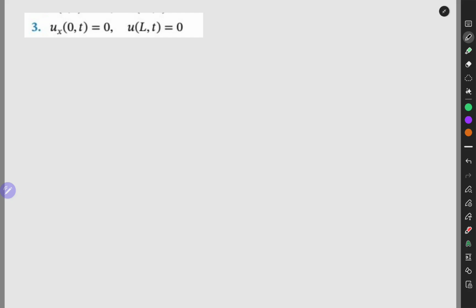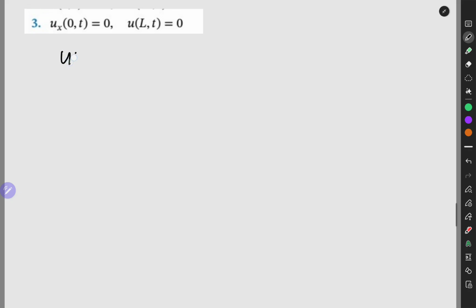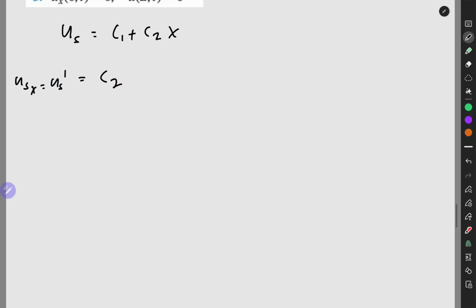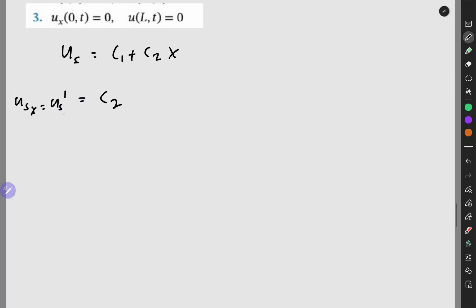What happens in this case? So we start off with the same general solution. Right? That's C2.